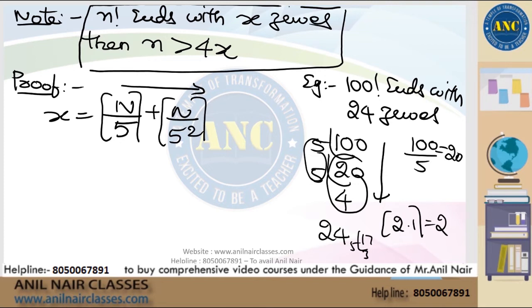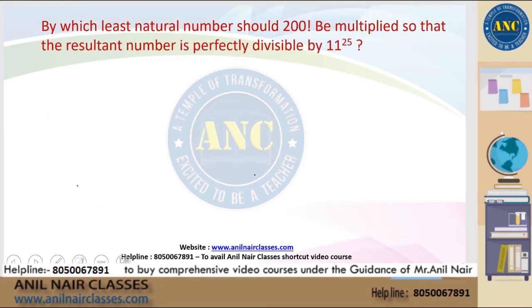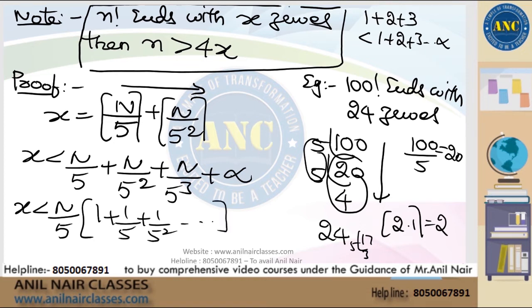This value will terminate. Can I say this is always less than the infinite sum? So x is less than n by 5, n by 5 square, n by 5 cube, and so on up to infinite. If I take n by 5 common, it is 1 plus 1 by 5, 1 by 5 square, and so on.